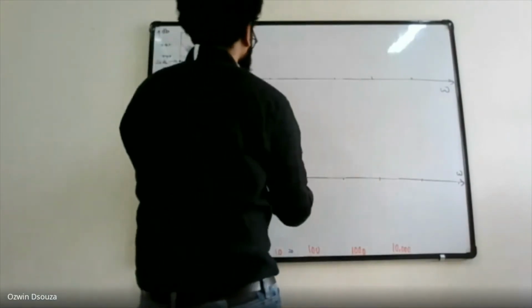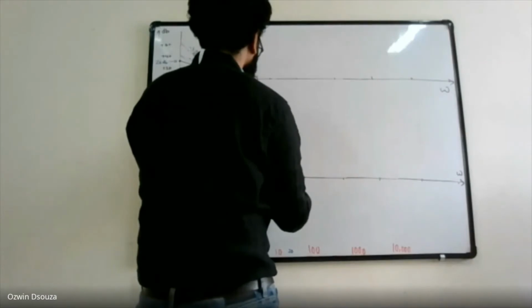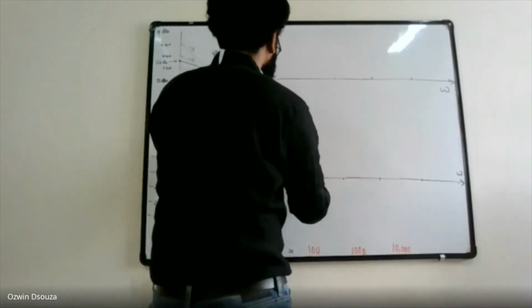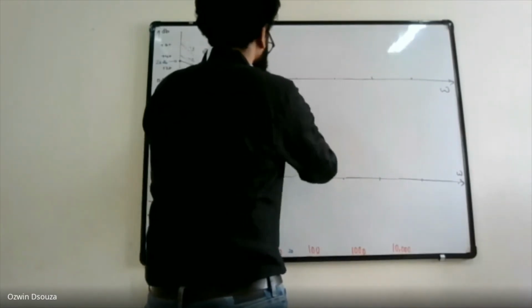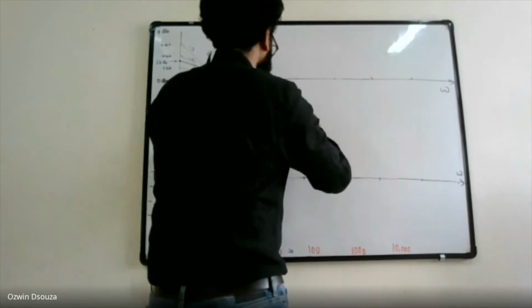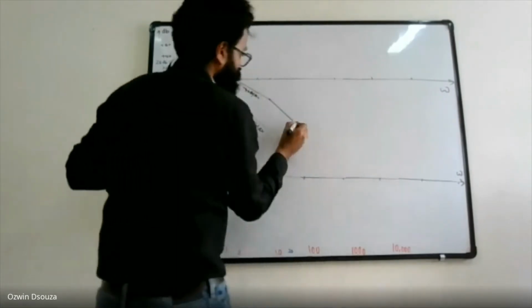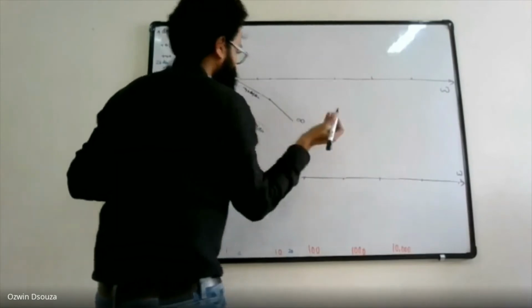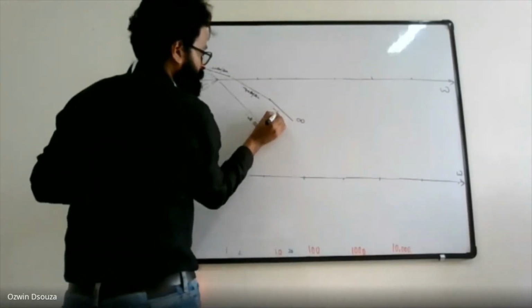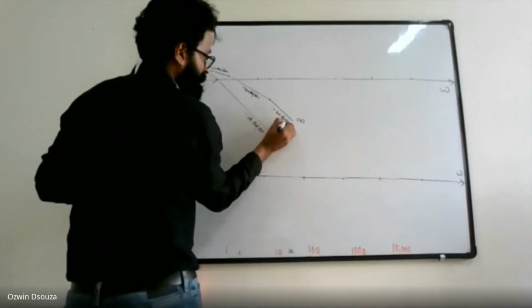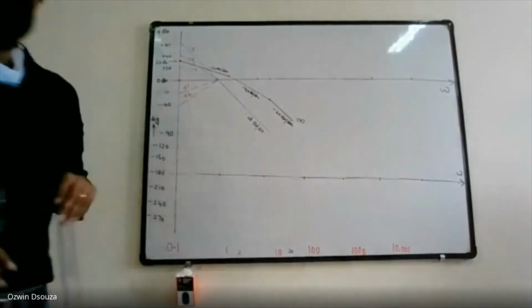So what I will do, I will take this as the line, and I'll slide it up so that the two lines are parallel to each other. And I will continue. So this will go to infinity, and the slope is minus 60 decibel per decade. All right. So this is what I've done.